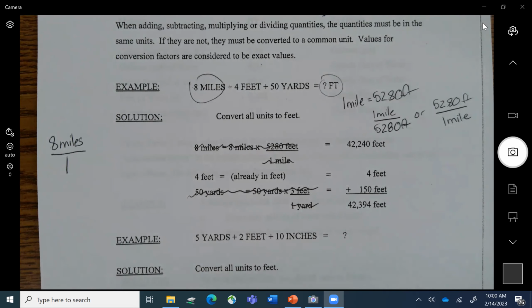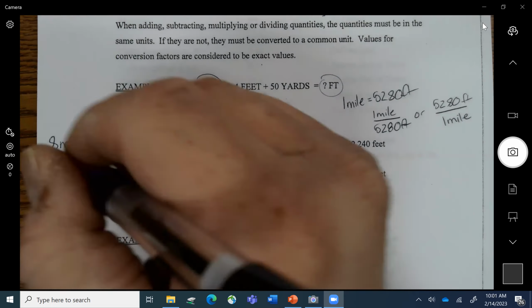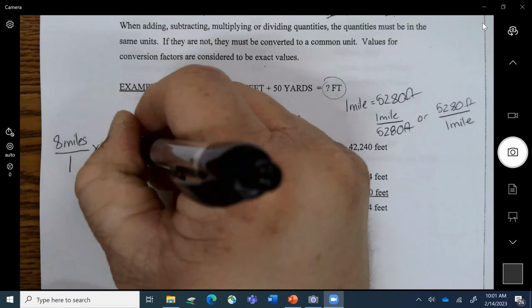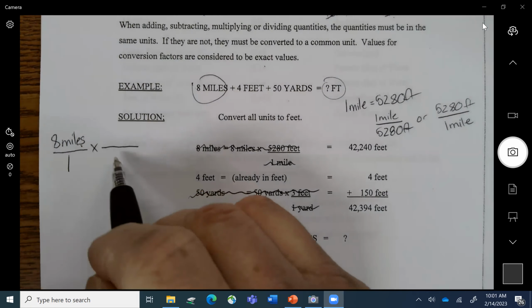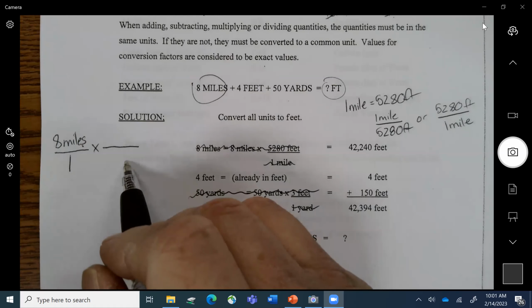Okay, now why do I write them as fractions? It's really important right here is why. The second rule of fractions we talked about. So the very first thing you do is write down what you're starting with. The second is to identify your conversion factor, which in this case is 1 mile equals 5,280 feet. The second rule of fractions we talked about was if it's on the top and the bottom, they cancel out, right?